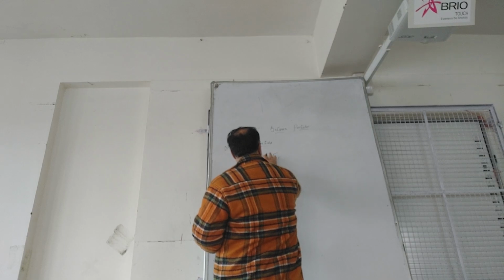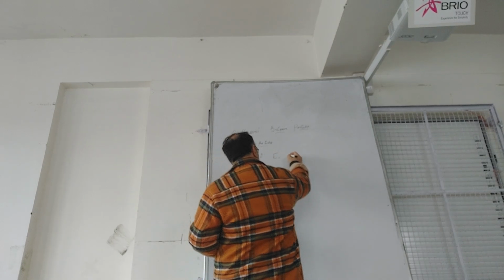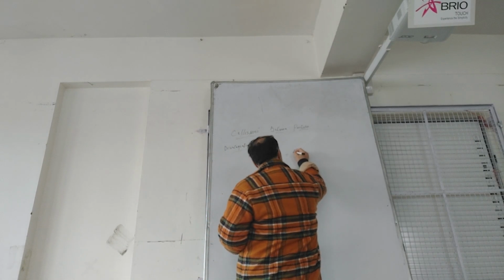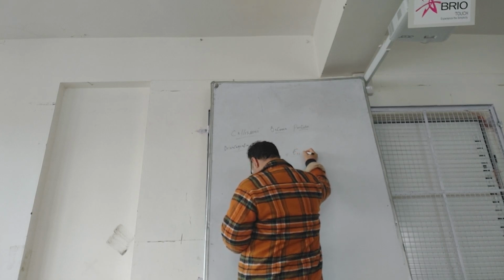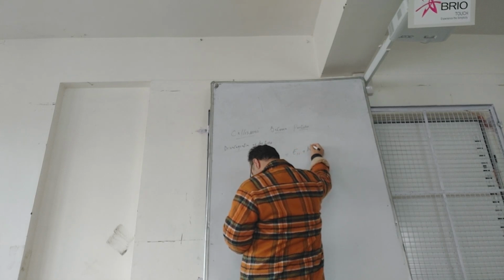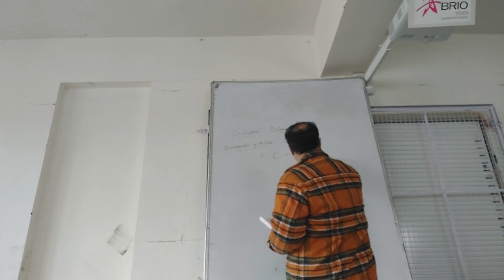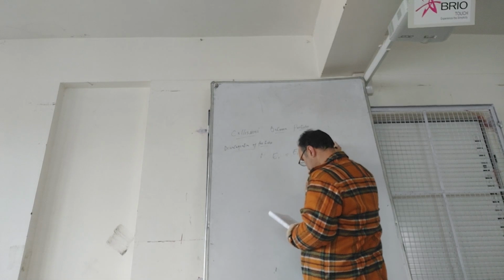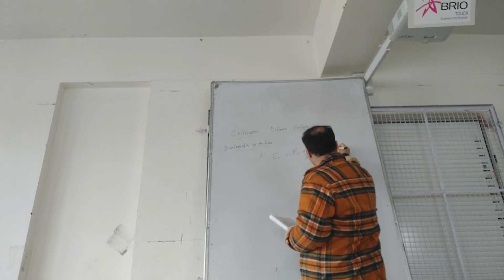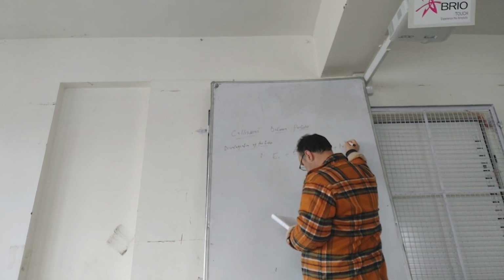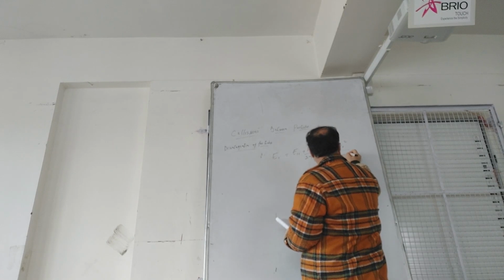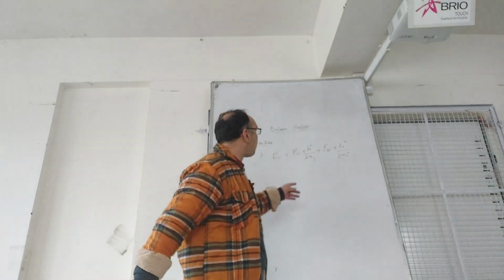So EI will be equivalent to E1I plus P naught square. What is this?